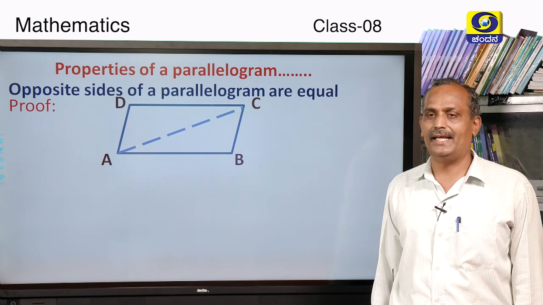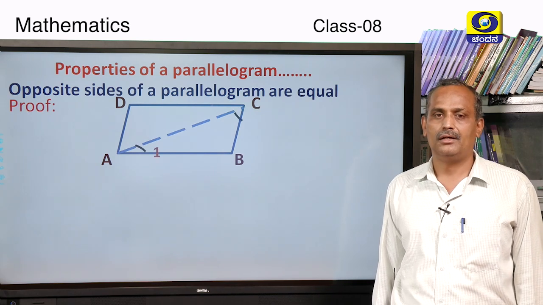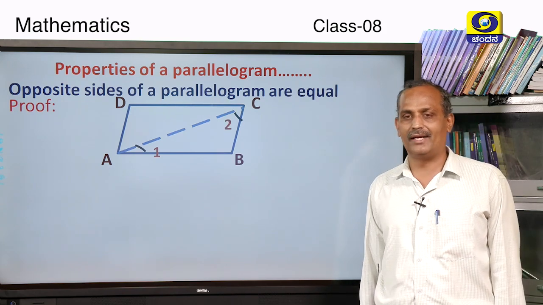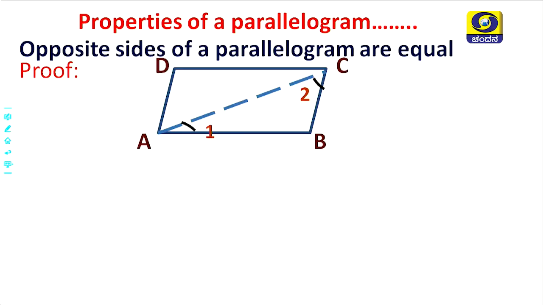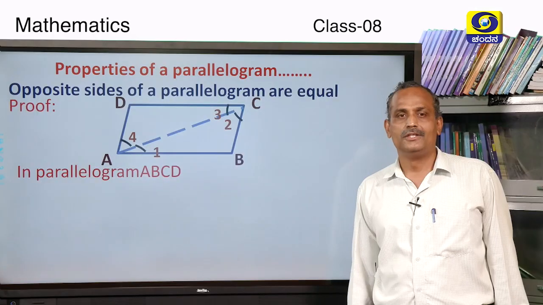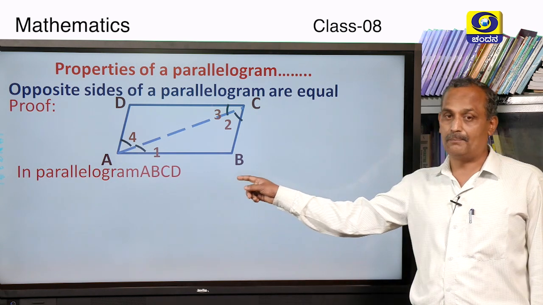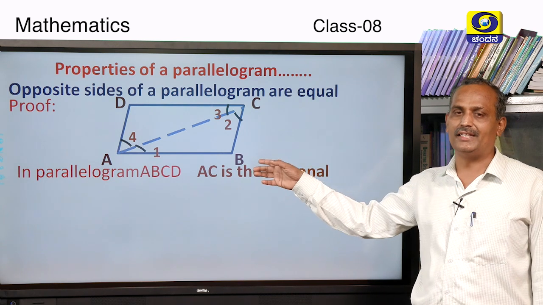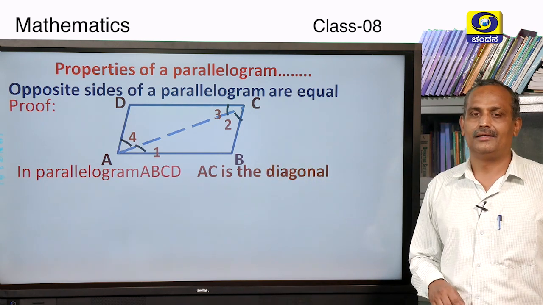I have drawn AC as a diagonal, and I am naming angle CAB as 1 and ACB as 2. Similarly, DCA as angle 3 and DAC as angle 4. So, let us consider parallelogram ABCD. As we have seen, AC is the diagonal.